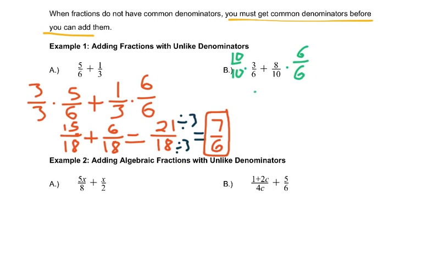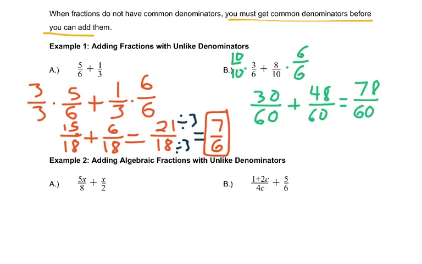So 10 times 3 gives me 30 over 10 times 6, which is 60, plus 8 times 6 is 48 over 10 times 6, 60. Again, common denominators. I add, I get 78 over 60.